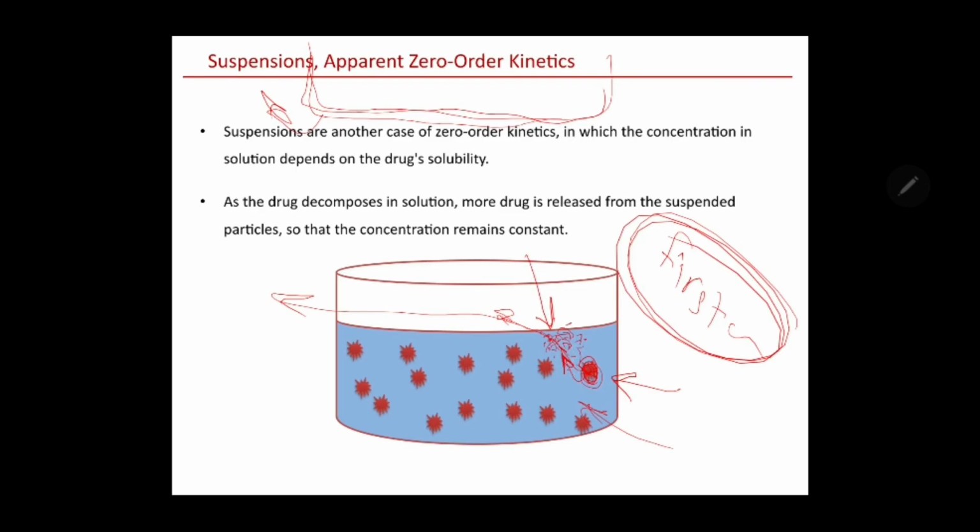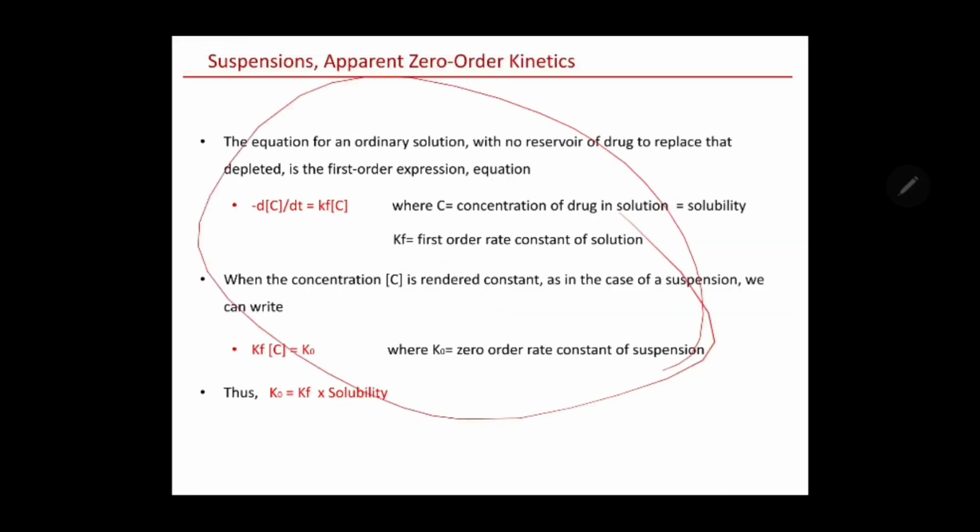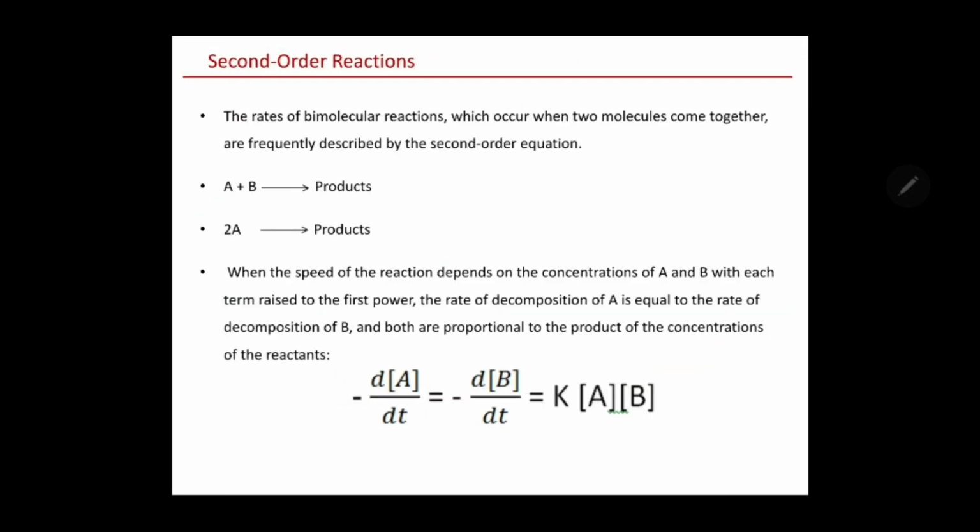So the degradation of the reactant here is a first order reaction, but because the concentration remains constant, which is the solubility of the reactant, being freshly replaced by the suspended particles, the reaction looks like a zero order reaction. That is why we call this apparent zero order reaction.